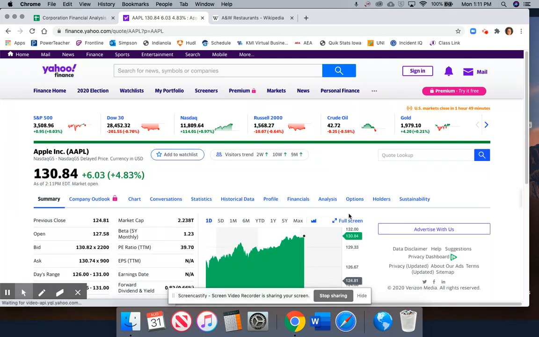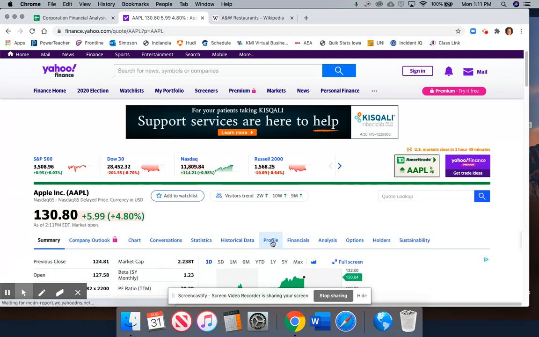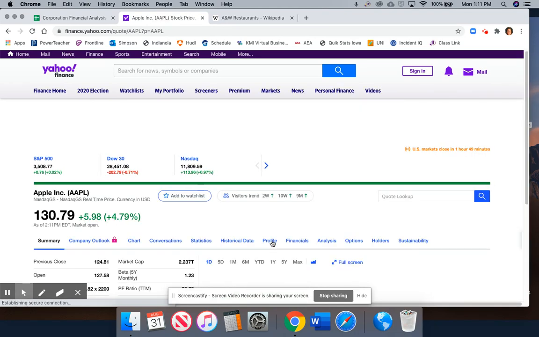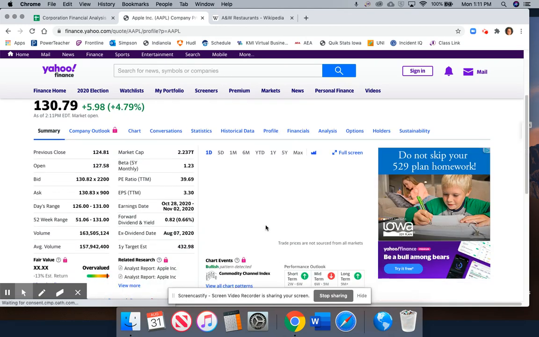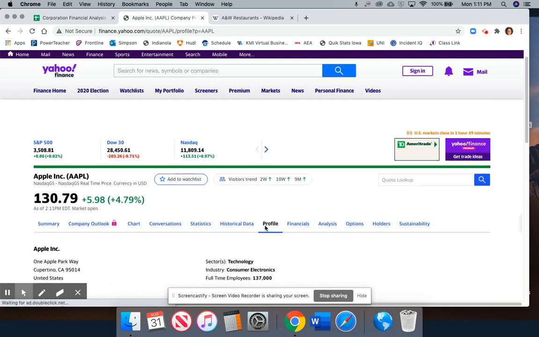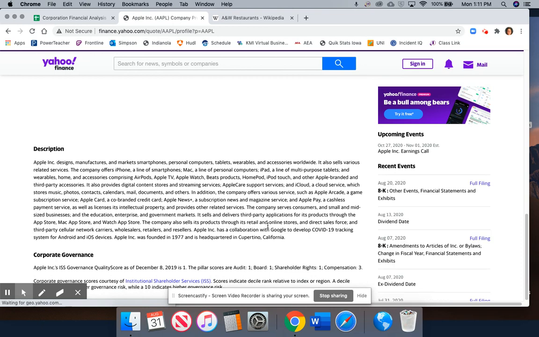And then we are going to be using these two tabs here, Profile and Financials. The first one, Profile, is where you're going to find all the information about your company. Now, of course, if you're choosing a company that's your favorite, you probably know some things about it. But this goes a little bit more in detail. If I scroll down here on Profile, it gives a really detailed description of what Apple does.